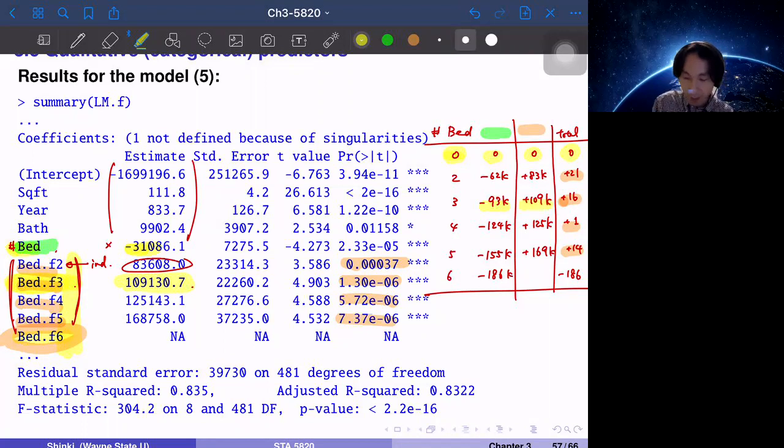So the total impact of the bedrooms is negative 93 plus 109, so positive 16. Yeah, so this is how to read this output.